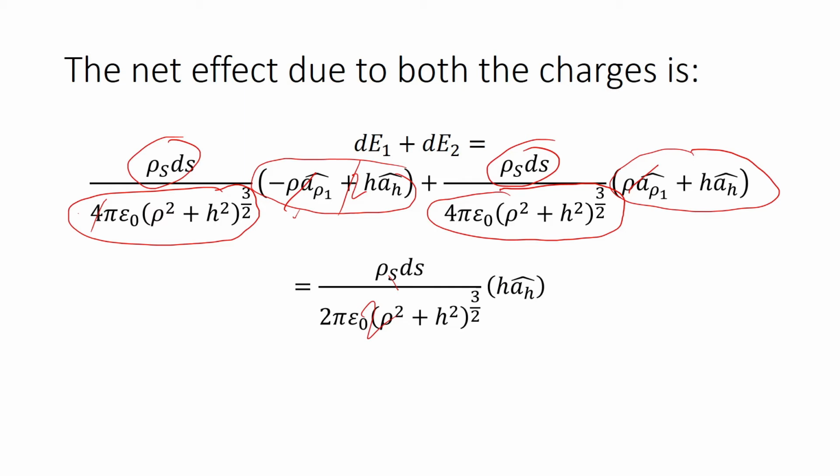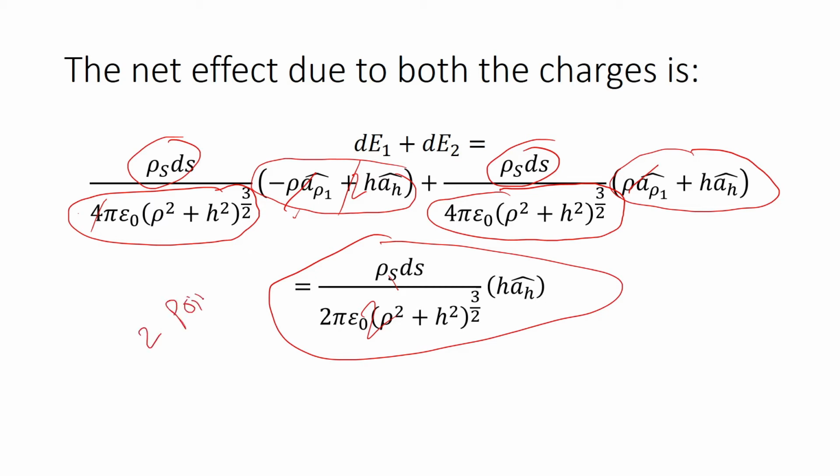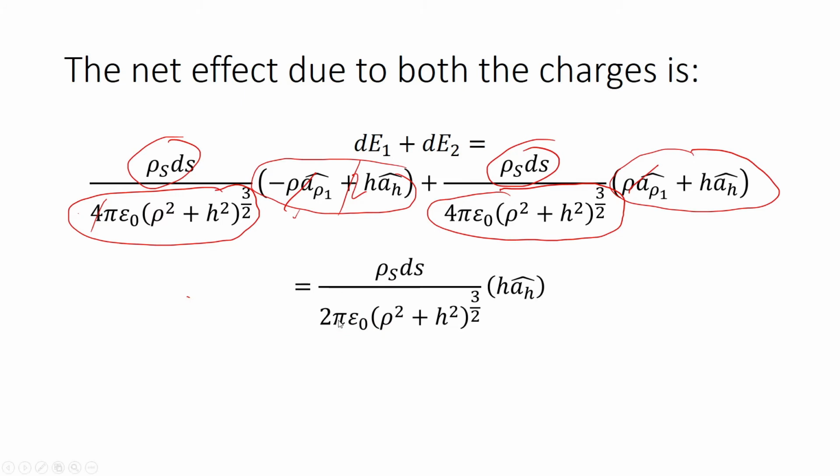Now, this is just the differential electric field intensity because of 2 points. So what we have to understand is that this is the electric field intensity only because of 2 points.